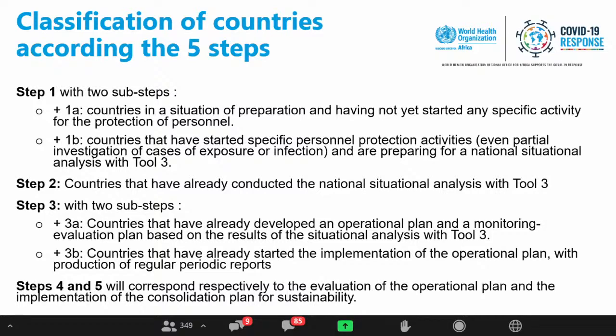We have elaborated a classification of countries according to where they are in the 5 steps.